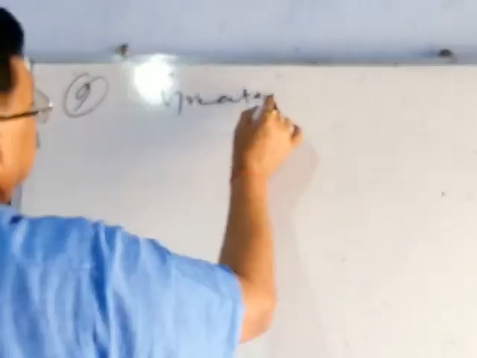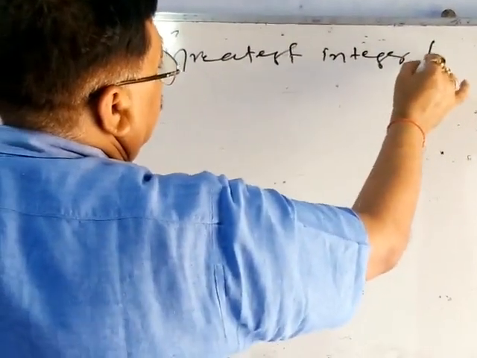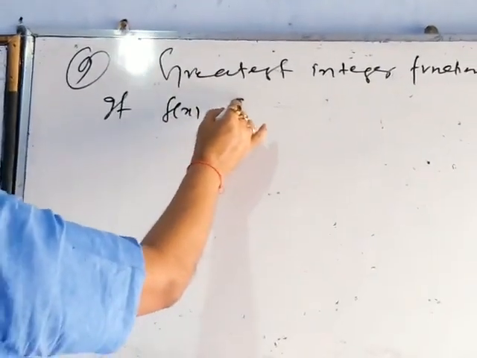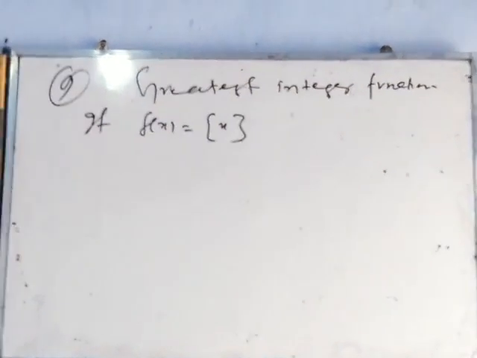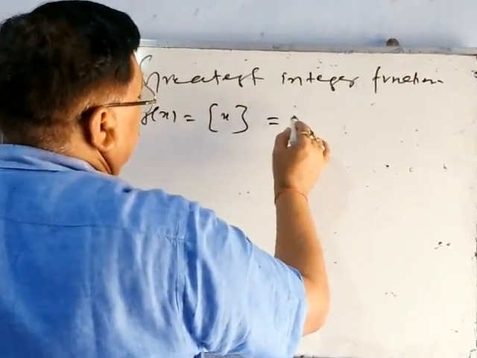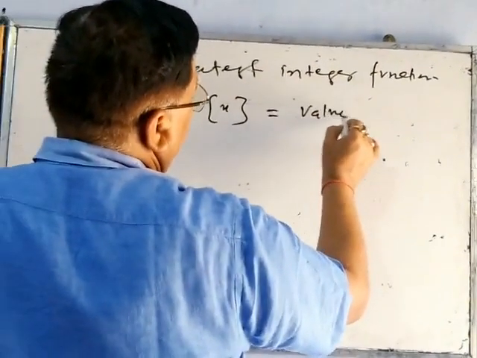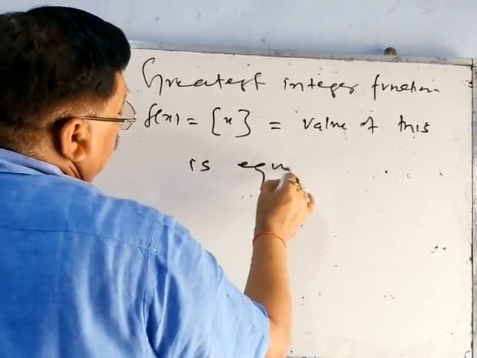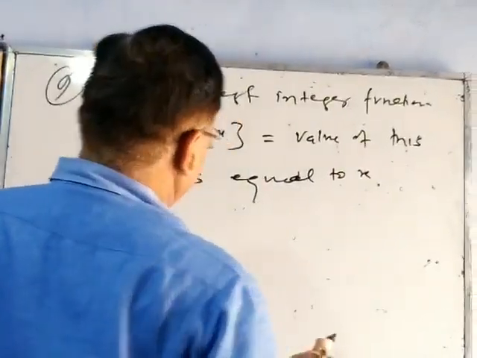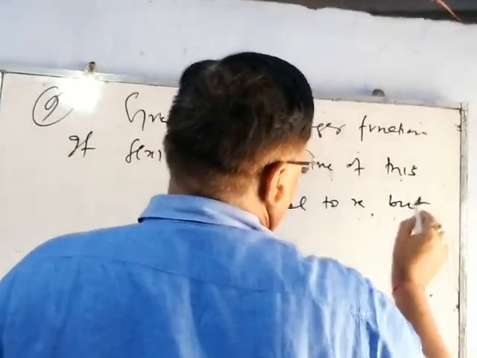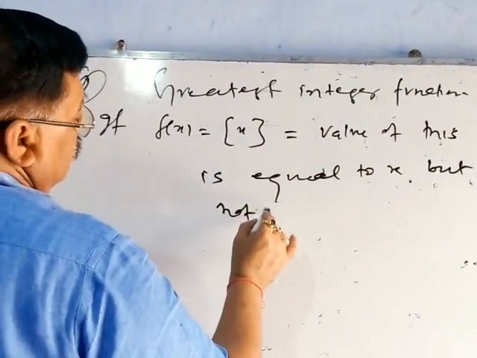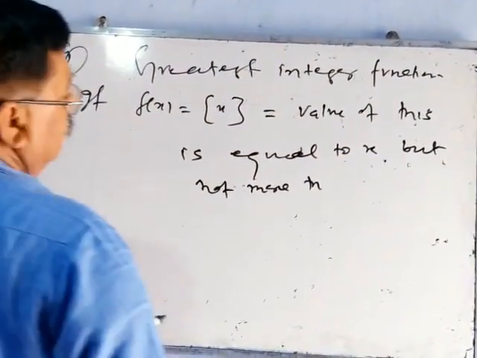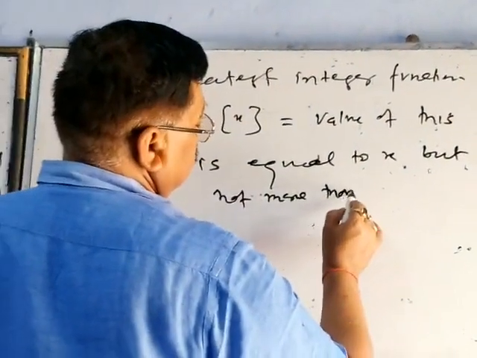the greatest integer function. So student, if f(x) is equal to the greatest integer symbol in a big bracket of x, its value is equal to x, but not more than x.